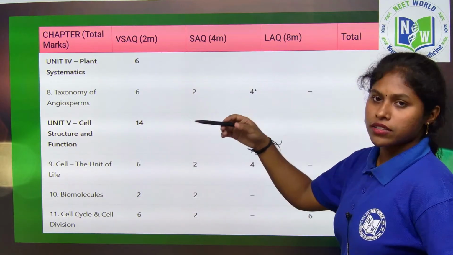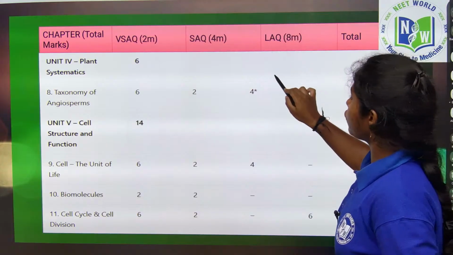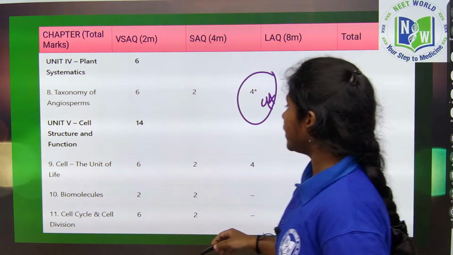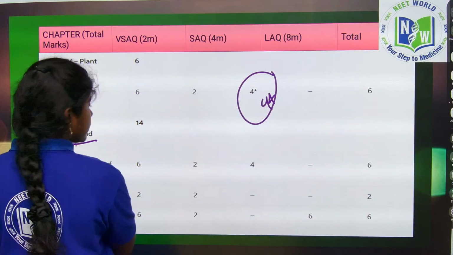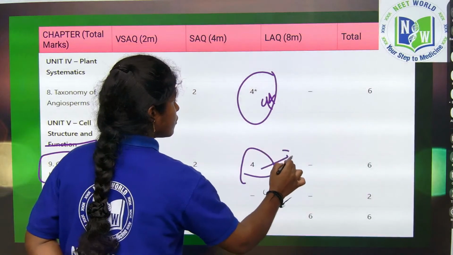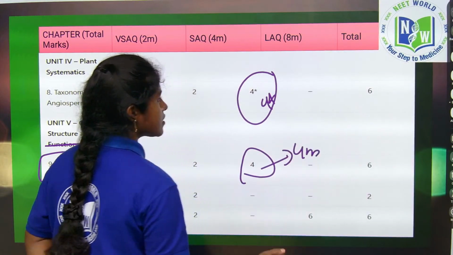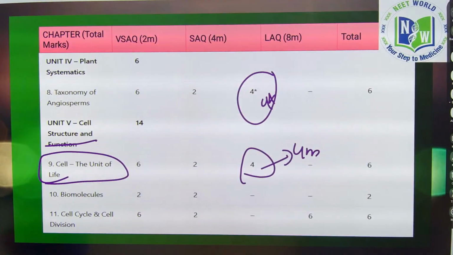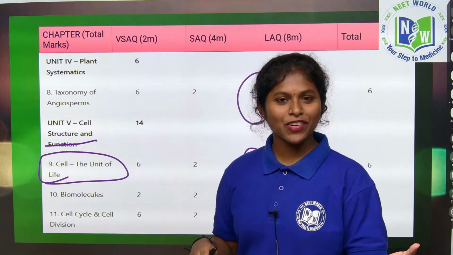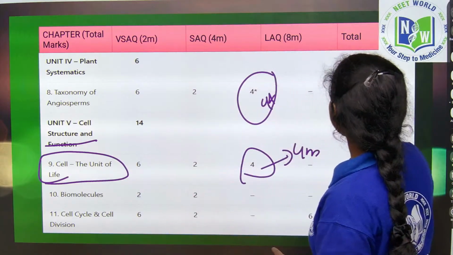Here you will get a 4 marks question from unit 4, and also in unit 5, the cell the unit of life, you will get another 4 marks question. We know that before we divided that the 4 marks questions are 3.